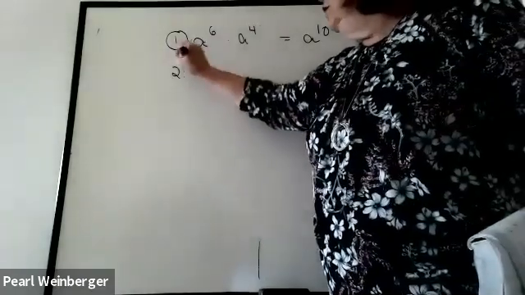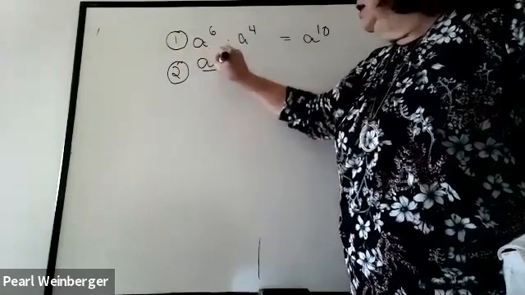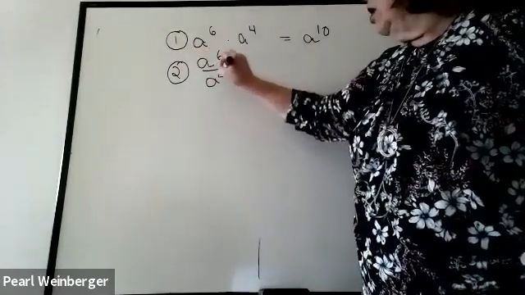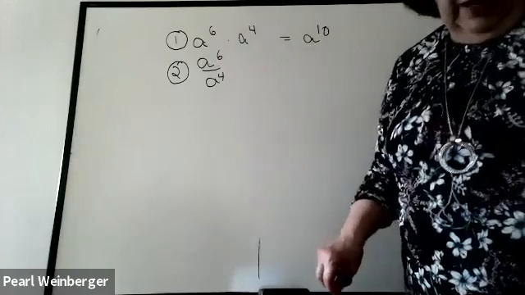When it comes to division, let's say I have a to the 6th divided by a to the 4th. Then we do subtraction.